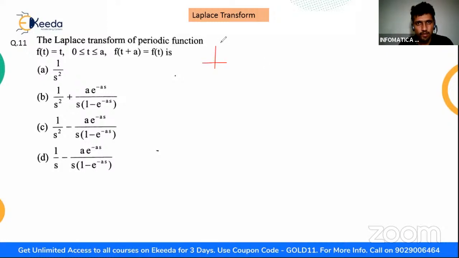The question wants to say that this function goes from 0 to a, and then repeats itself. Let me just draw. This is how it's repeating. So it's a periodic kind of signal, not exactly periodic, but periodic kind.